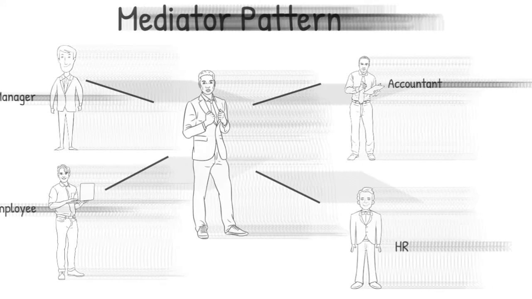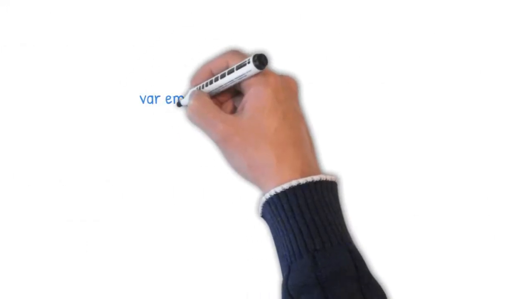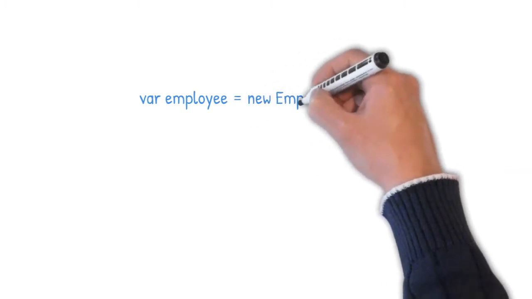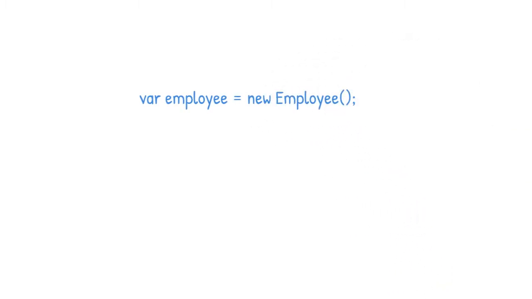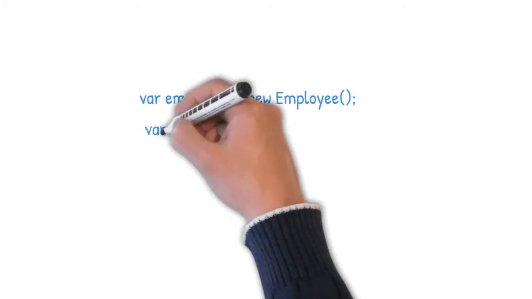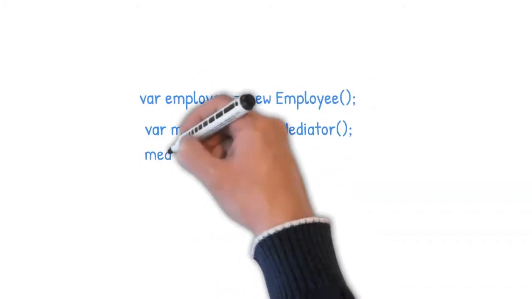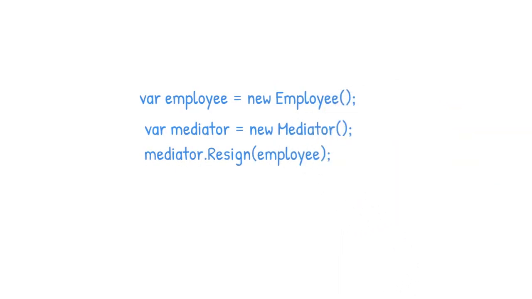Let's try to modify our example by introducing the mediator pattern. After introducing the mediator, we will create the instance of employee, but instead of the employee raising the resignation, we will make use of the mediator to raise the resignation.